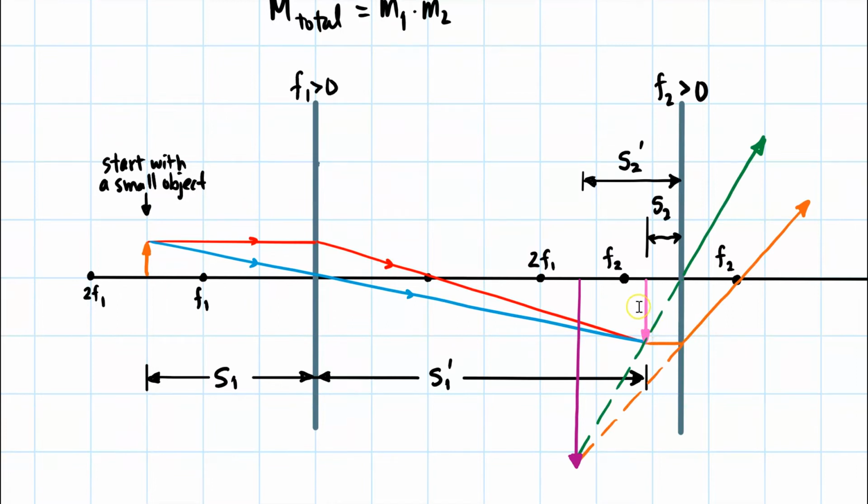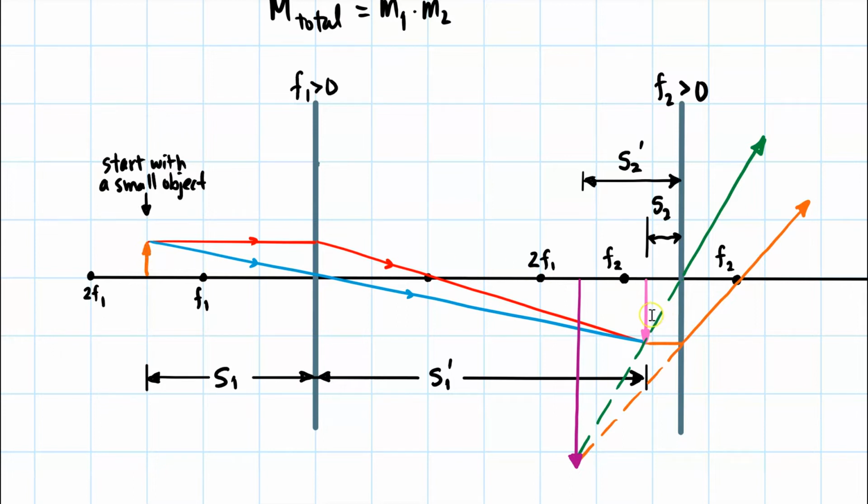Now that I have the image of lens 1, I'm going to draw ray number 1 in orange and ray number 2 in green. When I follow them back, I now have the image produced by both lenses. If I start from the object, it starts off at about half a square.